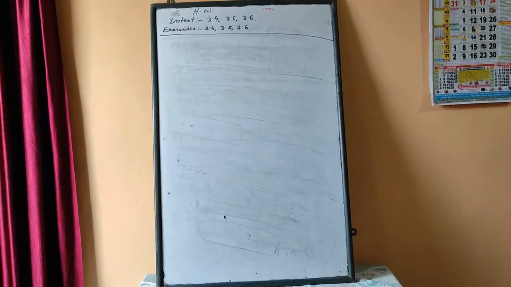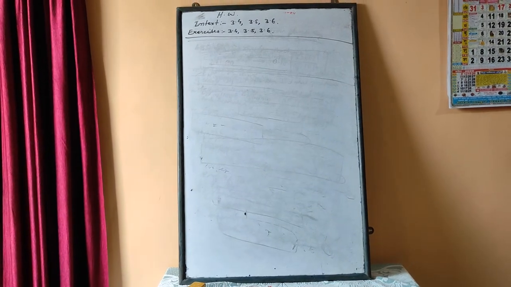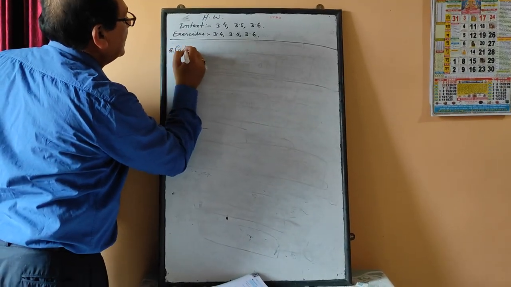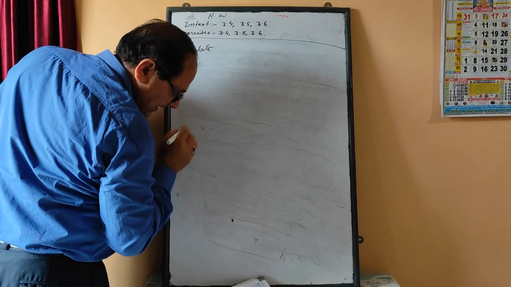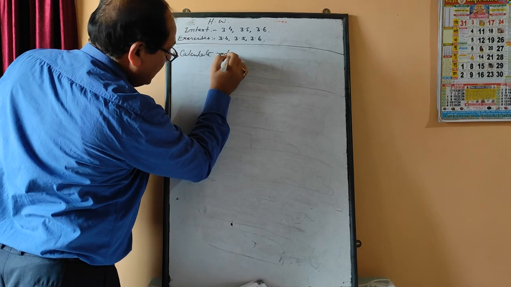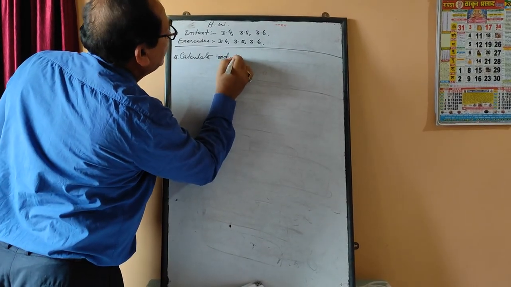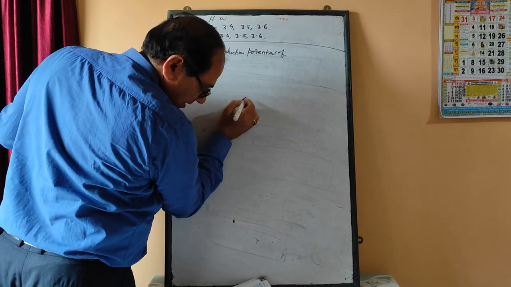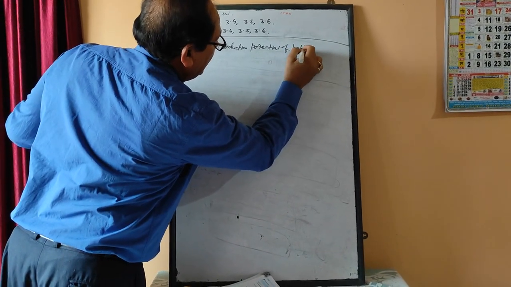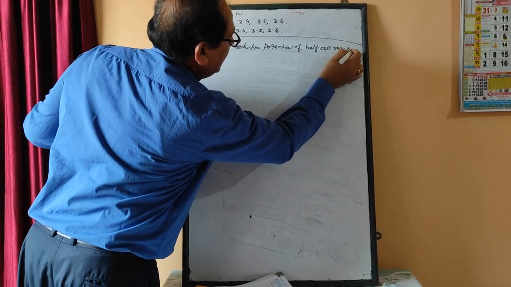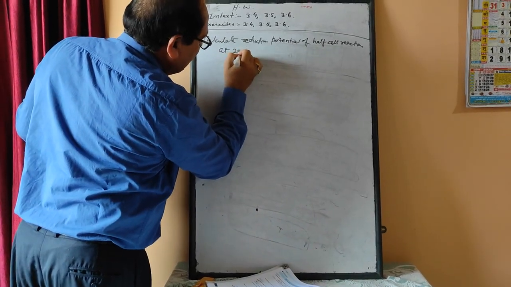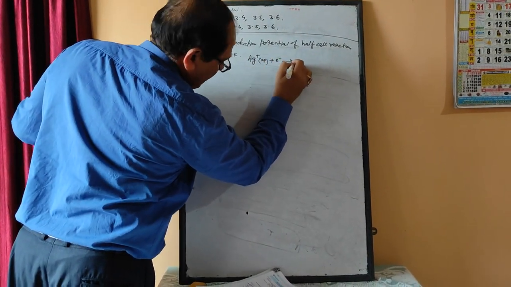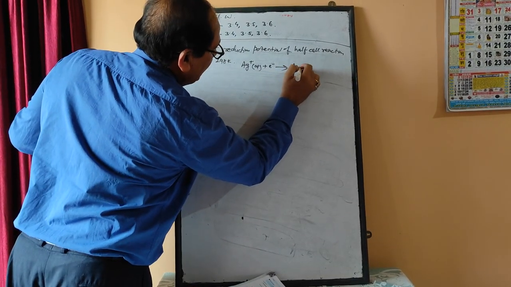Suppose there is a question: calculate the reduction potential of the half cell reaction at 298 Kelvin, where the reaction is Ag plus aqueous plus electron gives Ag solid.